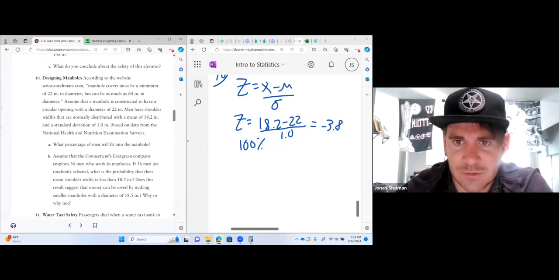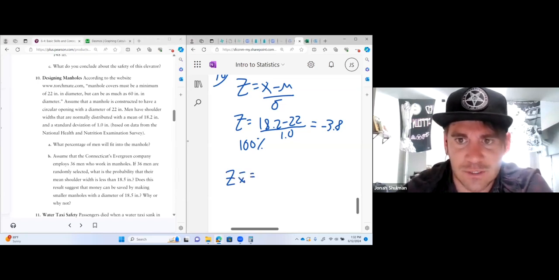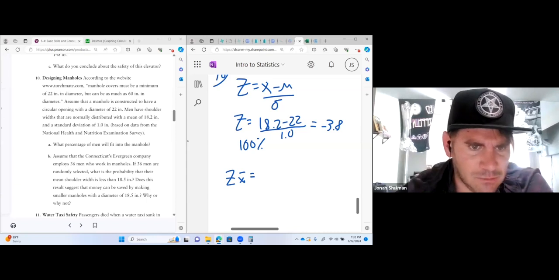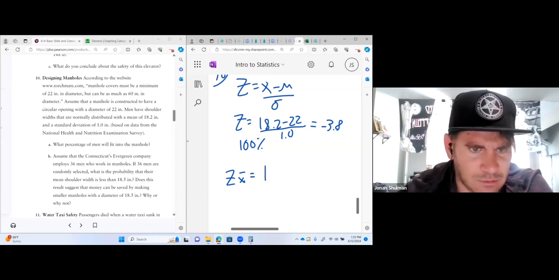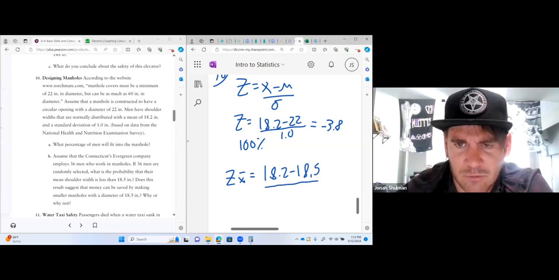Okay, so here we go. So we need this z of the means. See how it's a little bit different. So now we first need our regular mean, which is the same. So we got these guys whose mean shoulder width is less than 18.5. Normally it's 18.2 minus this 18.5. And our standard deviation is 1.0.